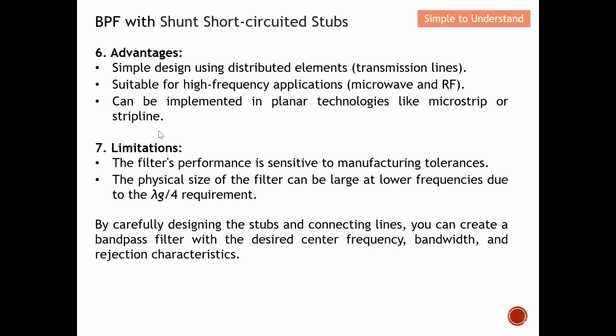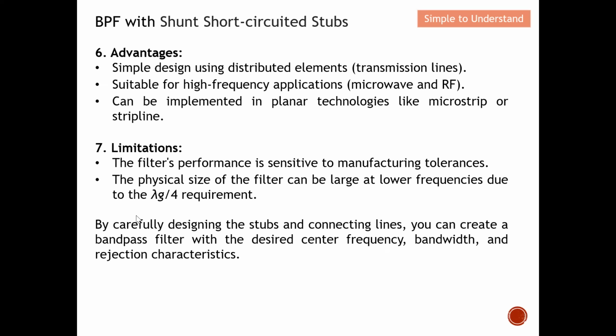Coming to the limitations, the filter performance is very sensitive to manufacturing tolerance. The physical size of the filter can be large at lower frequency due to the lambda over 4 requirement. So basically the size of the filter must be at least this size. If this size cannot meet your design rules, then you probably need to use another method to design this bandpass filter.